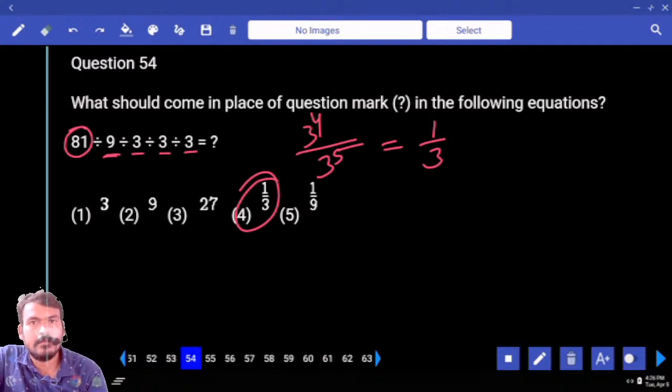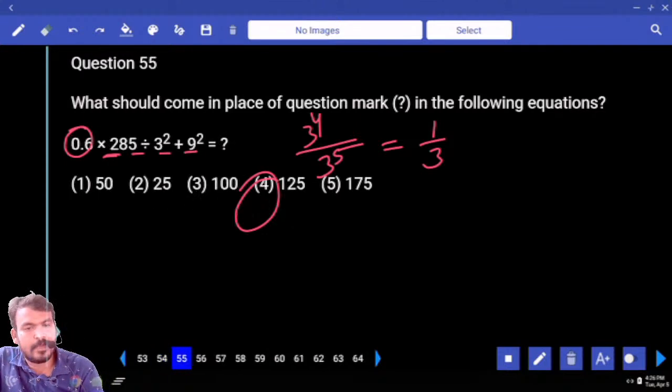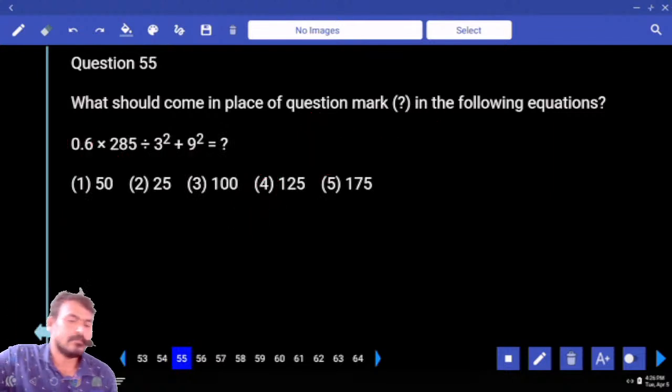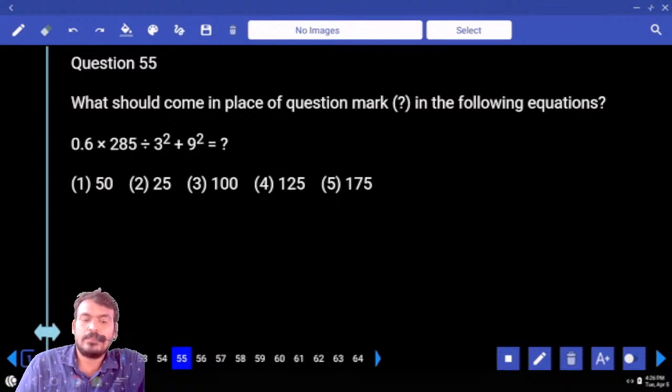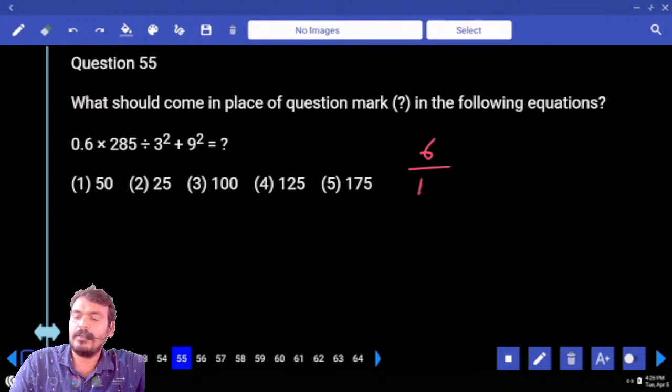Okay. Next question number 55. 0.6 into 285 divided by which value? 3 square. 0.6 is written as 6 by 10, right?